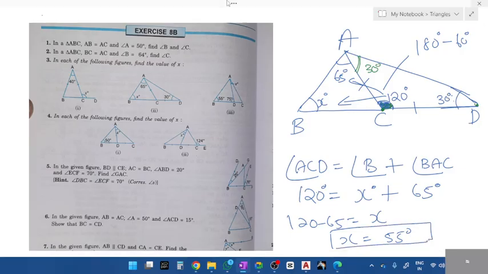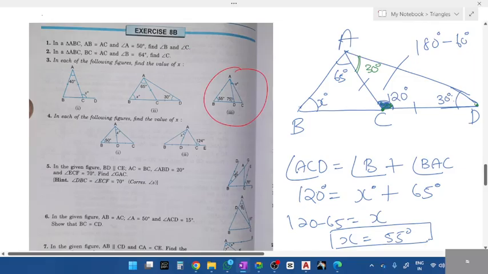Did you all understand this? x is 55. Okay, try to complete this, students. Try the third one for homework. Let me see if you all could do it. Make a note of this: 30 degrees, 30 degrees, apply sum of interior angles, you'll get 120.